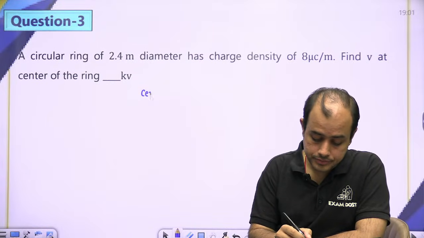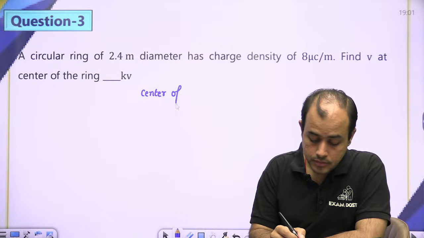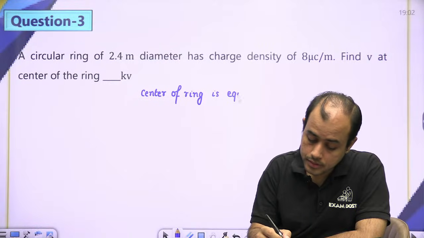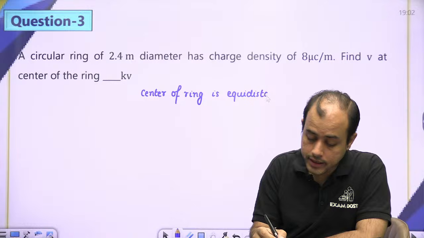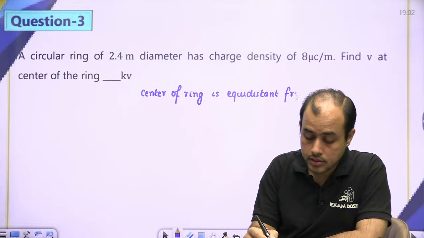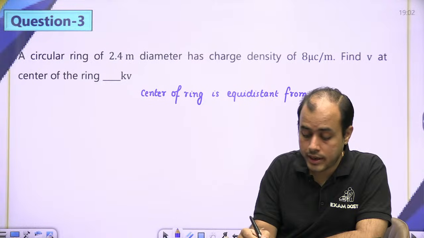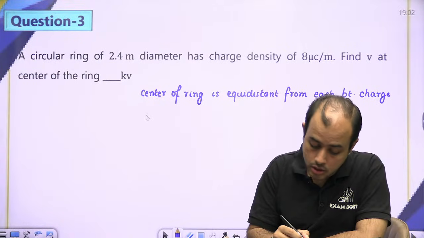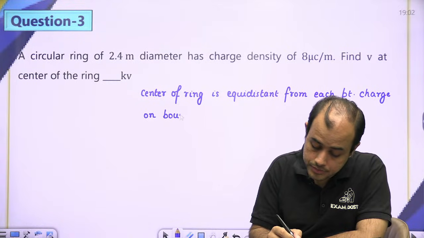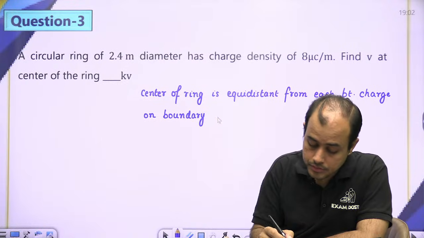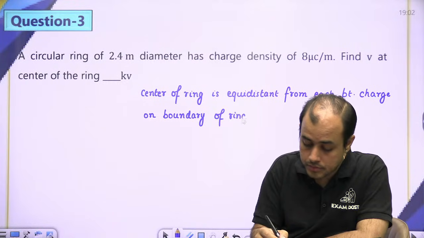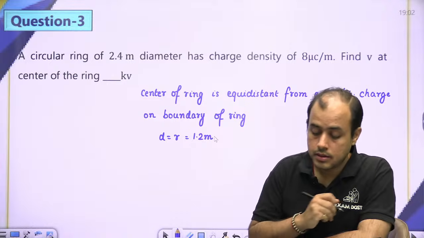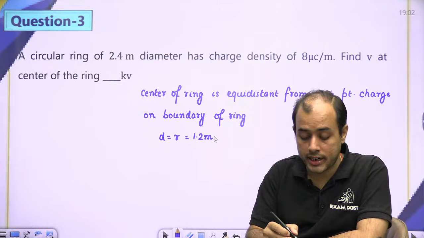Now beta, center of ring is equidistant from each point charge on boundary of ring. ठीक है, ऑन बाउंड्री ऑफ रिंग, हर पॉइंट बराबर डिस्टेंस पे.